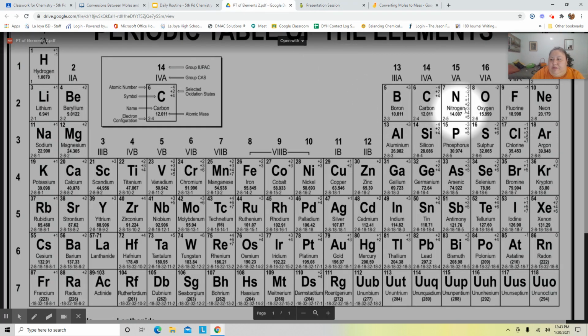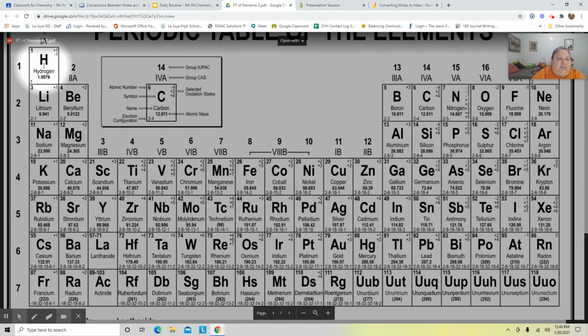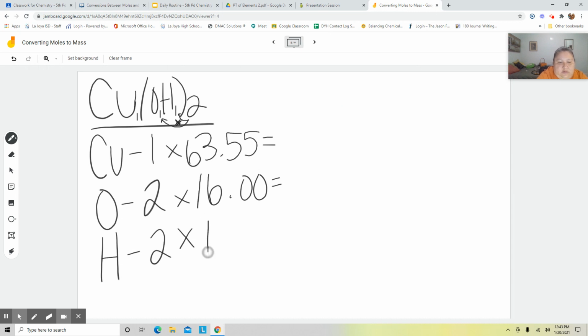Do you guys remember it from yesterday? 15.999, which rounds to 16. And last but not least is hydrogen. 1.007. It's going to round, right? Everything always rounds. 1.01.